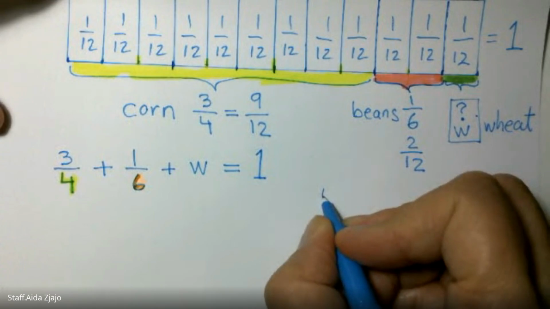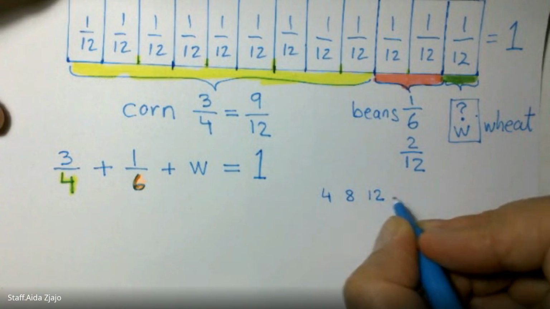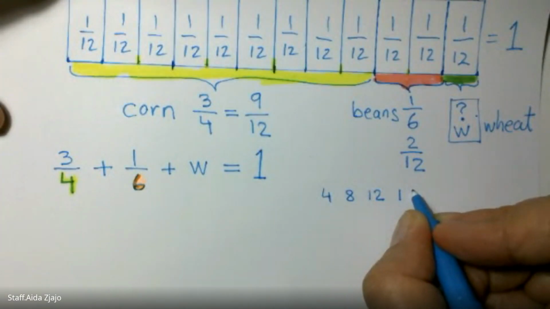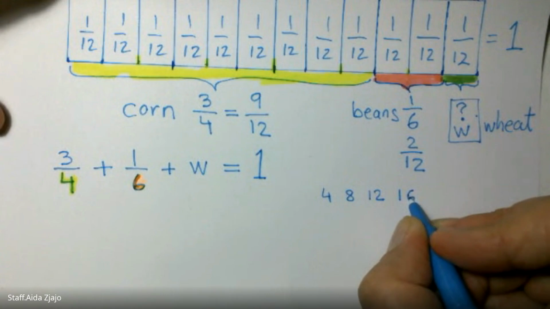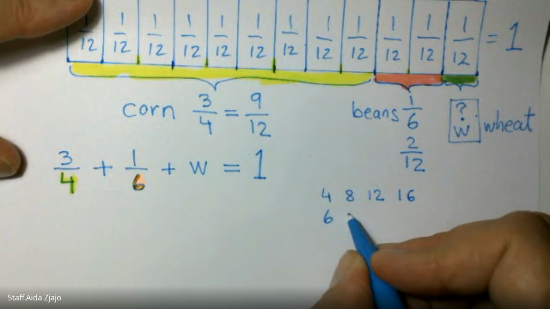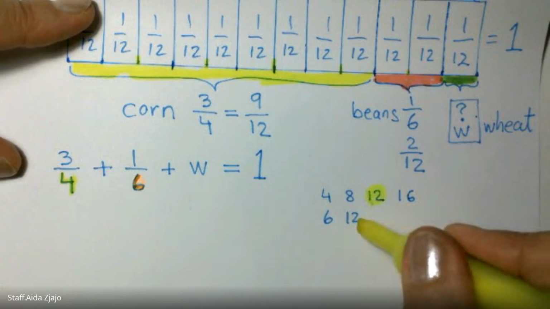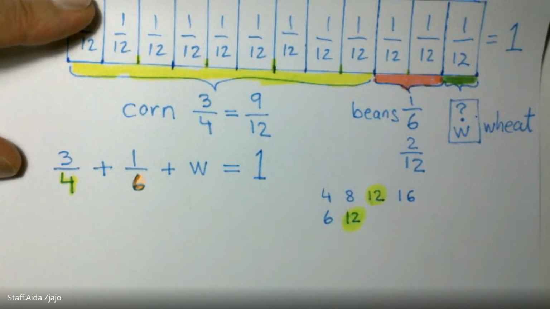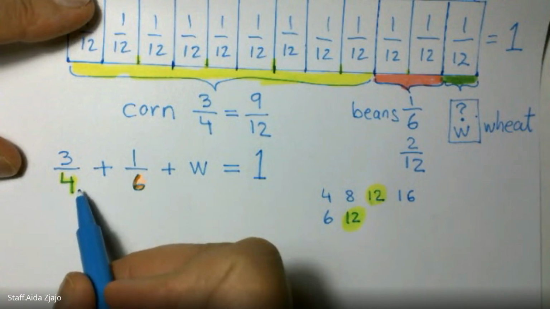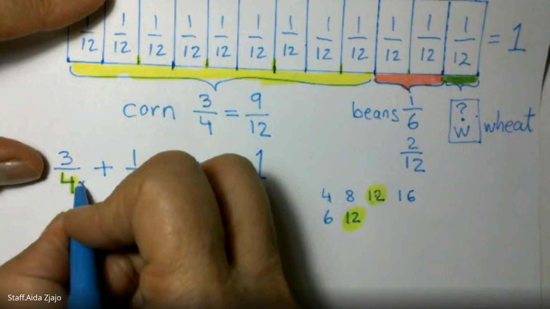So if I say 4, 8, 12, 16, I can stop there. Let's try now 6: 6, 12. Oh, I can change both into twelfths. How? 4 times 3.